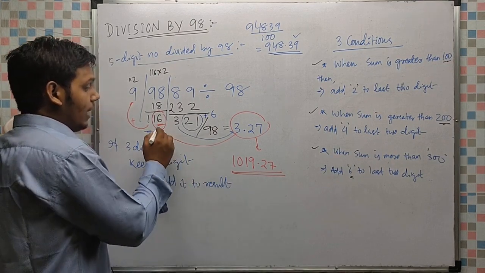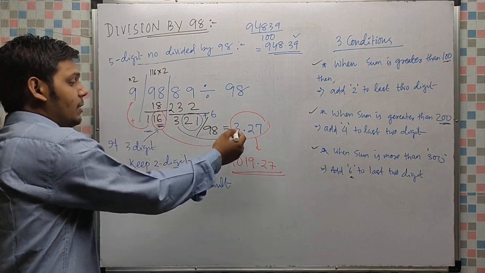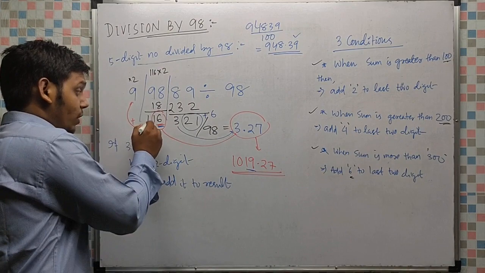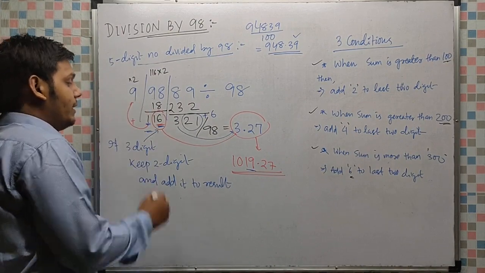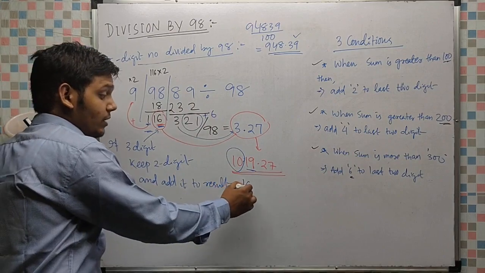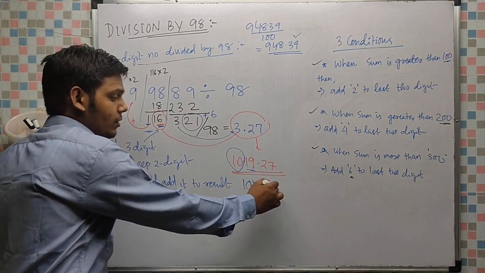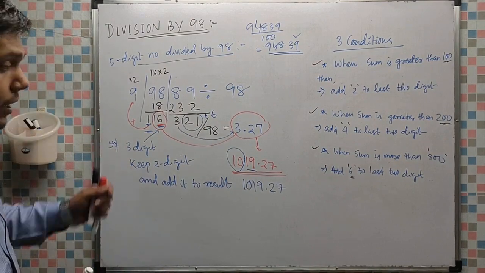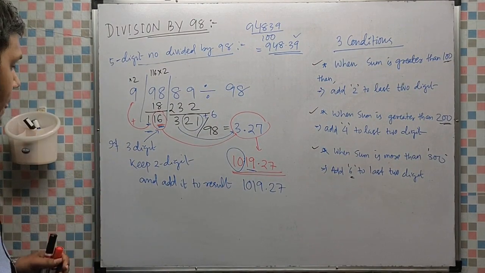What I have done, I have kept 16. 16 plus 3, 19, and thereafter 0.27. This 1 is added to 9. So 1 plus 9, this is 10. So the answer is 1019.27. Clear? You can take a screenshot also.